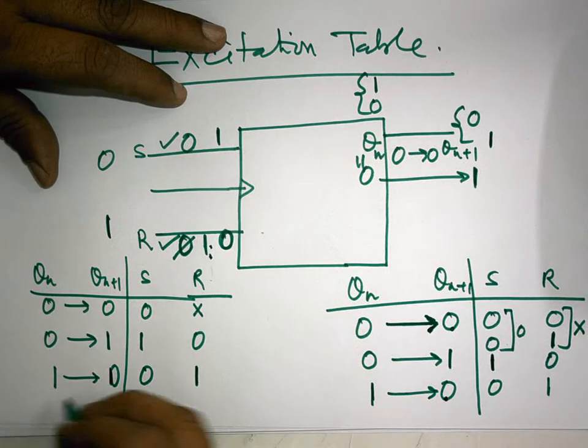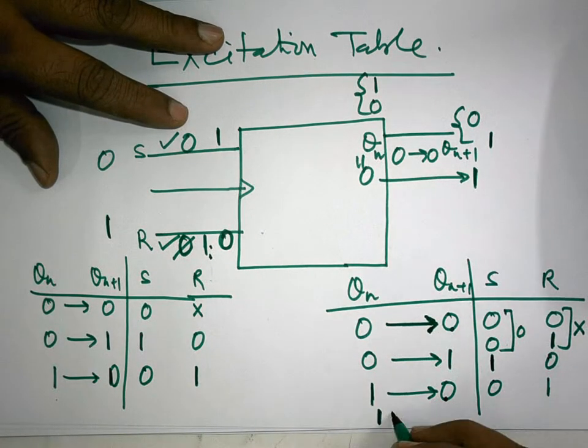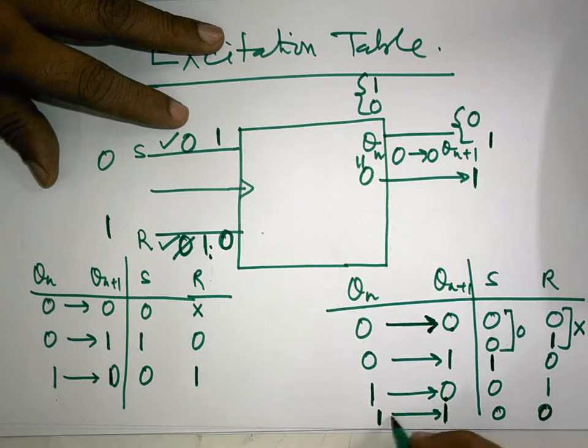Okay. And if 1 was the present state and we wish to make it 1 in the next state also, what should be applied? 0 0 is going to fulfill this condition because it will not make any change, and 1 is there, 1 has to be there. Okay. So 0 0, and what is next? 1 0.